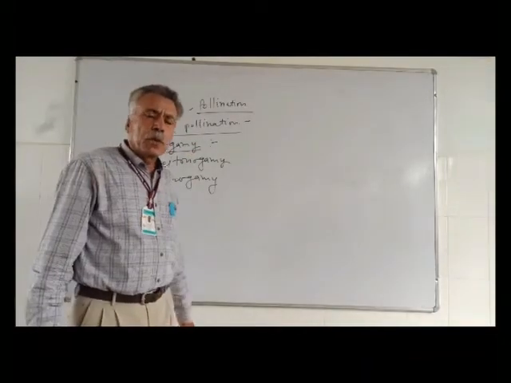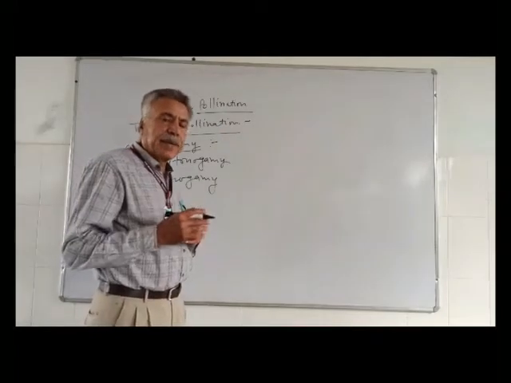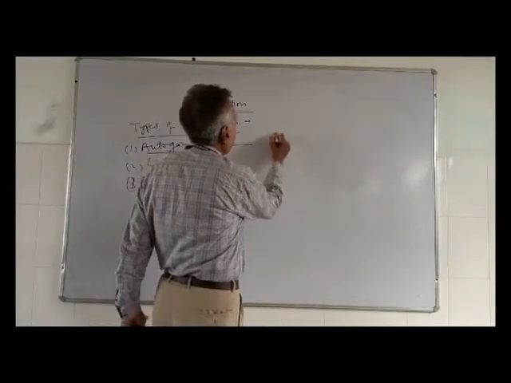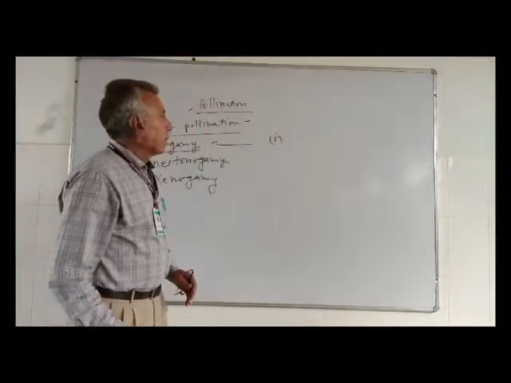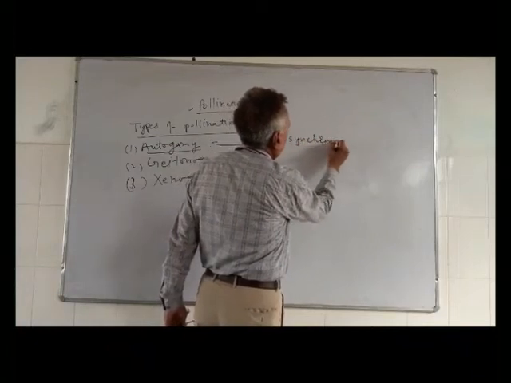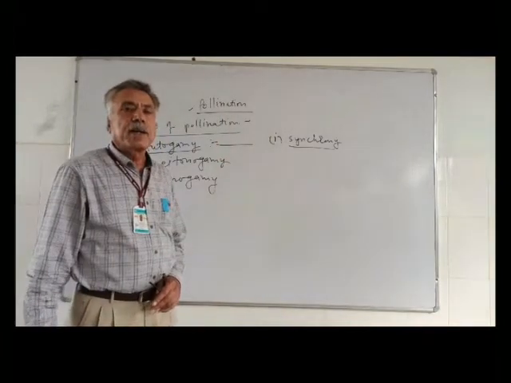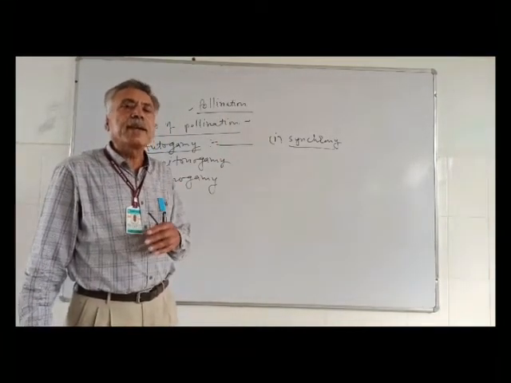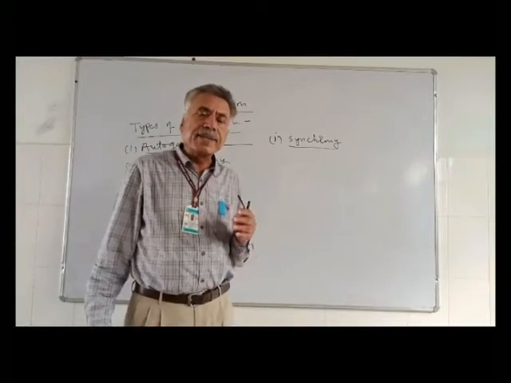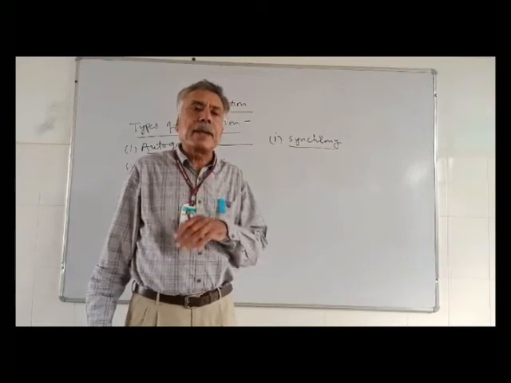Though complete autogamy is rare, the conditions which are needed for autogamy are: number one, synchrony. Synchrony should be between the release of pollen grains and the receptivity of the stigma. It means the anthers and stigma should mature at the same time.